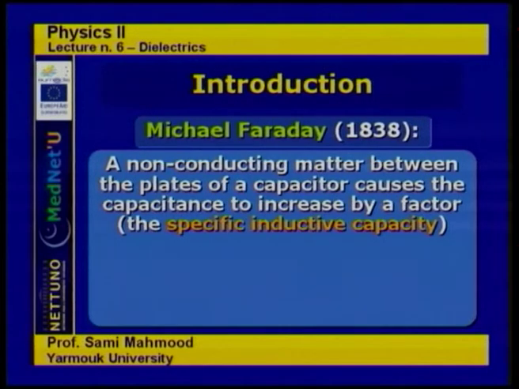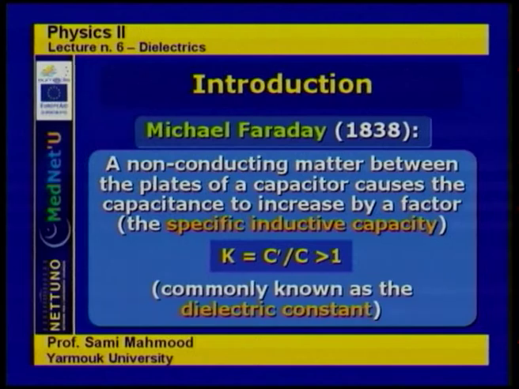The specific inductive capacity, which is the factor by which the capacitance increases, is given by K equal to the ratio between the capacitance after the introduction of the non-conducting material, C prime, divided by the original capacitance with free space in between the plates.